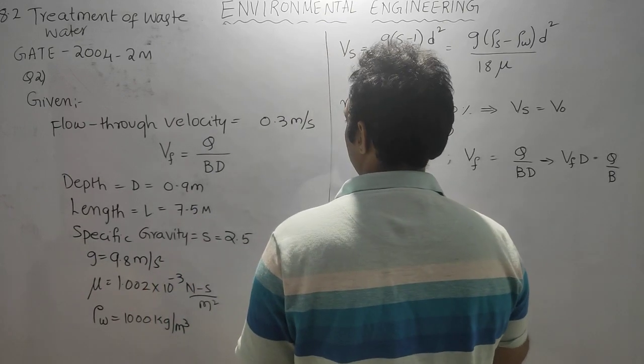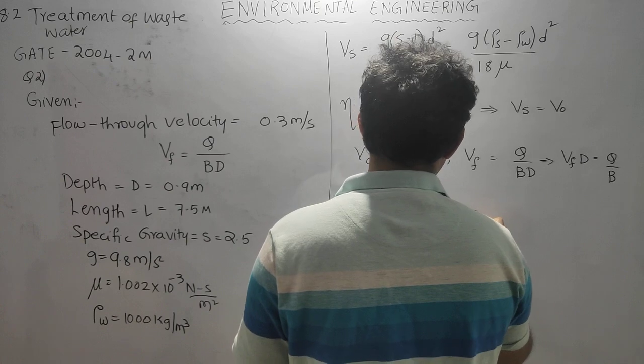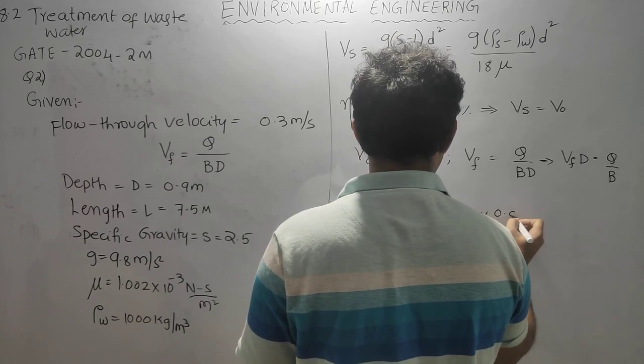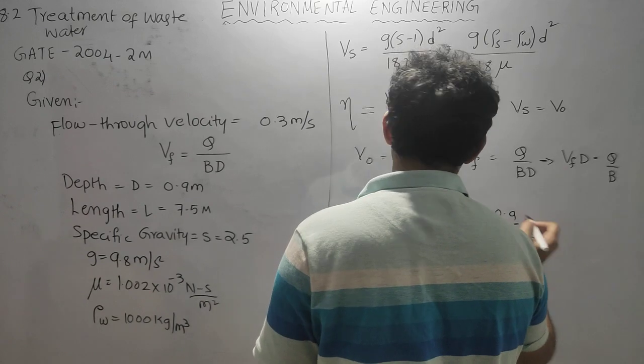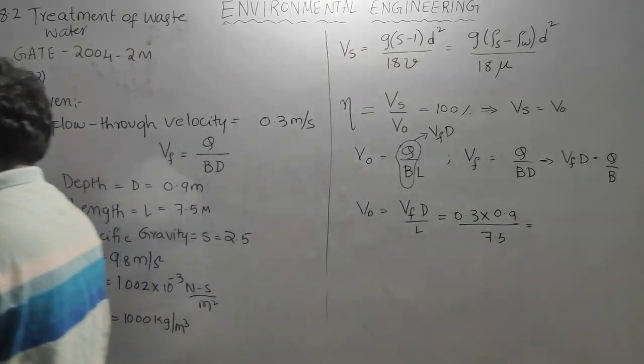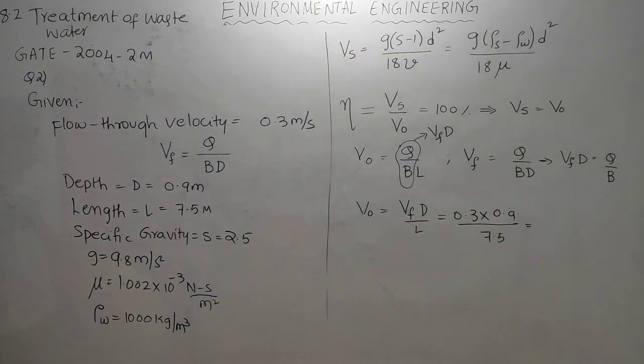So Vf is how much? 0.3. D is 0.9, and L is 7.5. By doing this we will get the V naught value, which will be equal to 0.036 meter per second.